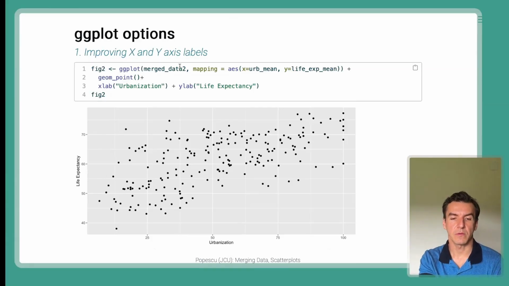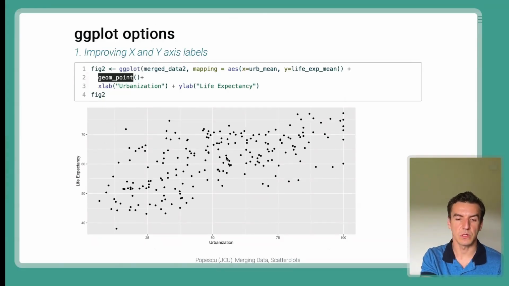So how do we make the graph? We use ggplot. Here it is. This is the data that we're using. Then we have to have a mapping, so we have to have an X variable and a Y variable. Notice how our X is mean urbanization; this is the mean that we created. The same for life expectancy. We're then using geom_point, which is what allows us to depict these countries with dots.